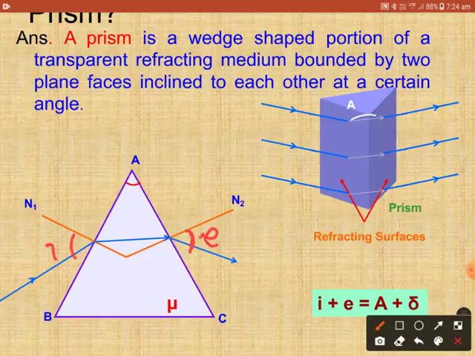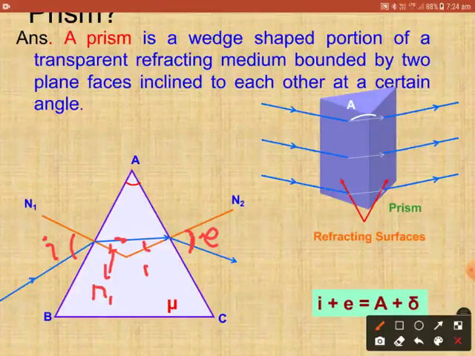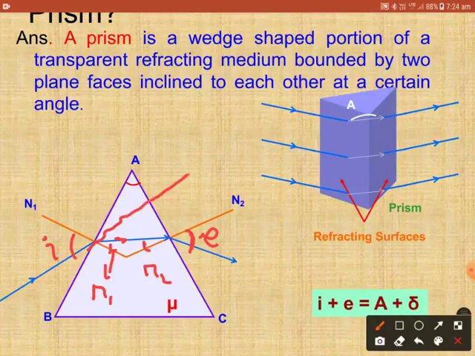This we call the angle of incidence. The angle between the refracted ray and the normal we call the angle of refraction. This also we call an angle of refraction, denoted by R2. Suppose this is the incident ray, the direction of the incident ray will be like this.